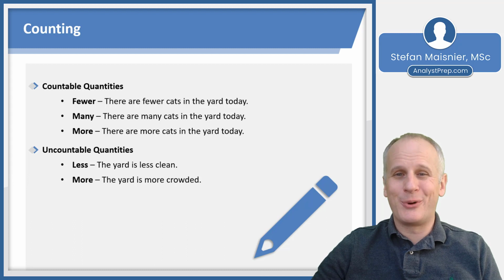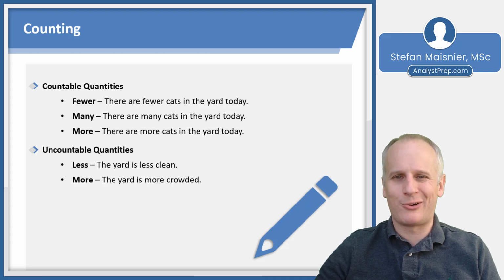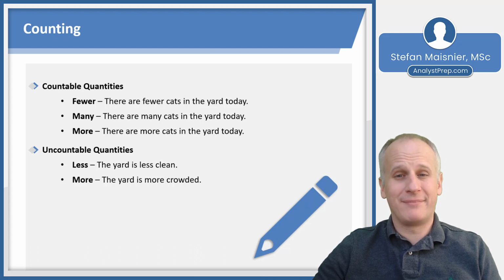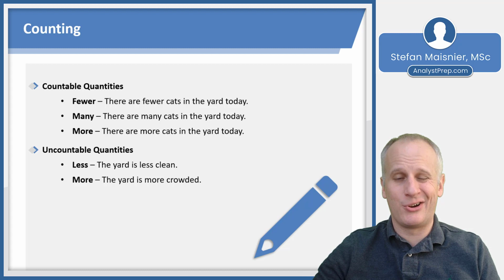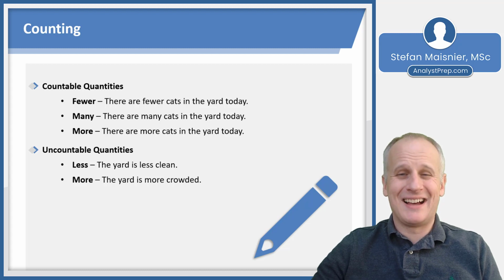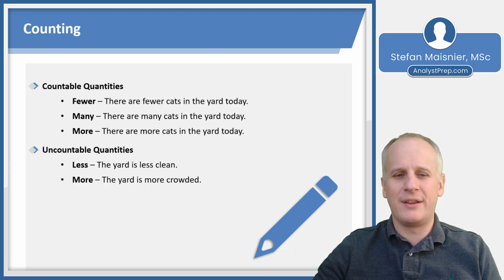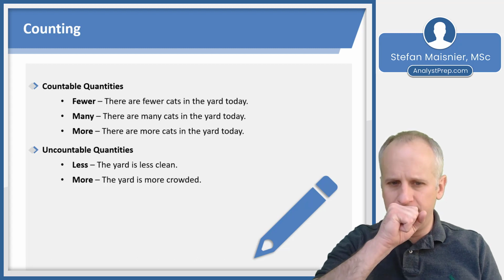More, however, works for both countable and uncountable. So I could say the yard is more crowded. So again, it's clear there's a greater crowd, again, presumably because of the cats in the yard, and it's not defined exactly to what exact numeric degree the yard is more crowded.